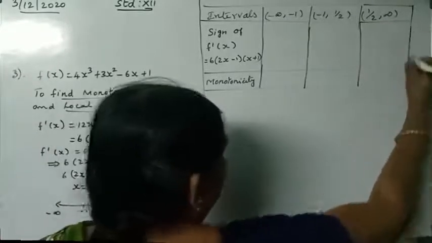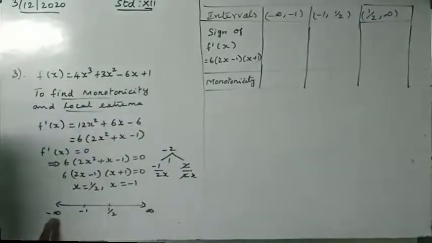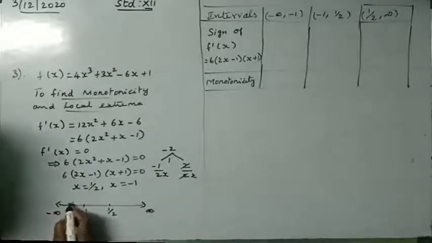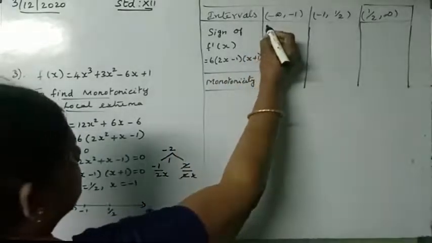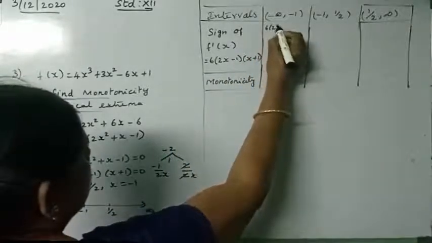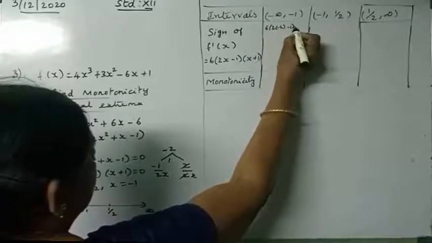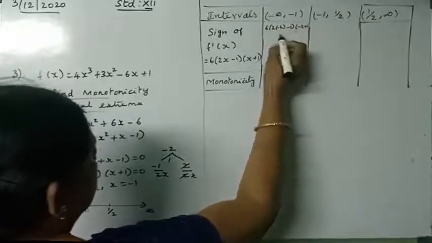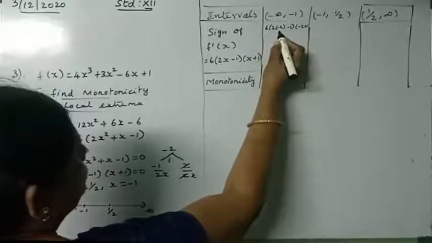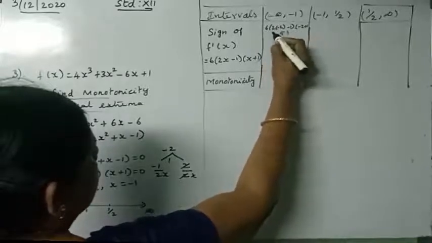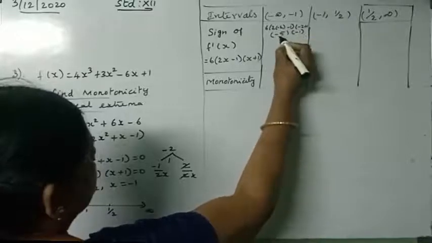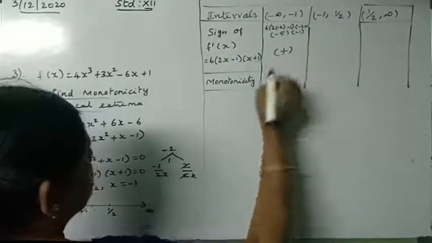Now take a sample point in the interval minus infinity to minus 1, say minus 2. If I take minus 2, 6 into 2 into minus 2 minus 1, times minus 2 plus 1. So it is minus 4 minus 1, which is minus 5, into minus 1. So minus times minus is positive.